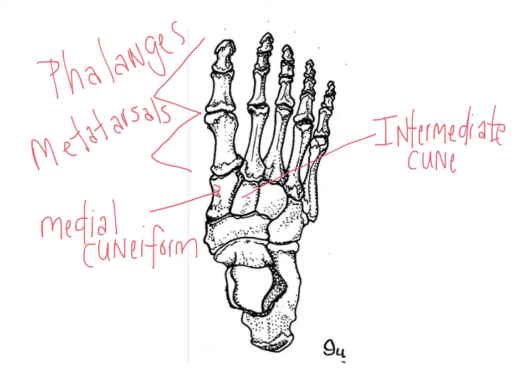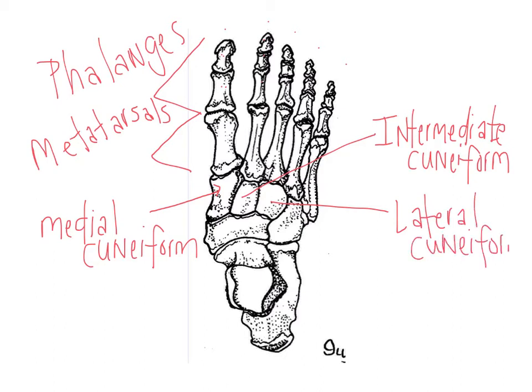Some of you on the quiz got a little lazy and didn't write them all out, but I'll let that slide. And this one right here is your lateral cuneiform. Those are easy. They all have the same names, but they've got directional terms, so hopefully that's not too tricky.